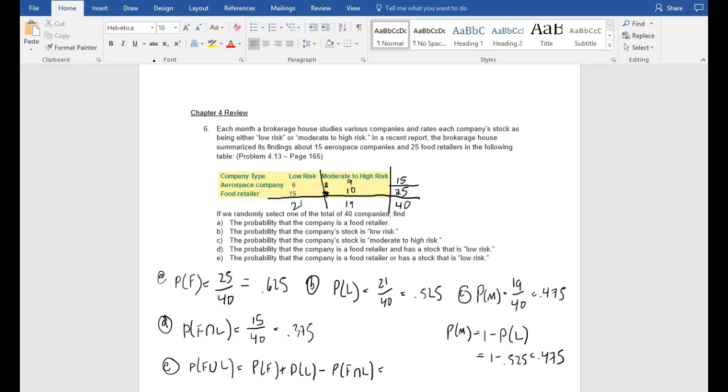And we've already calculated all those values, right? So 0.625 plus 0.525 minus 0.375, and that's all going to shake out to 0.775.